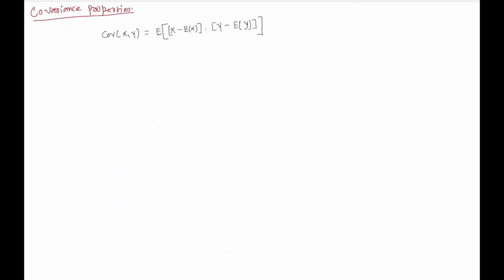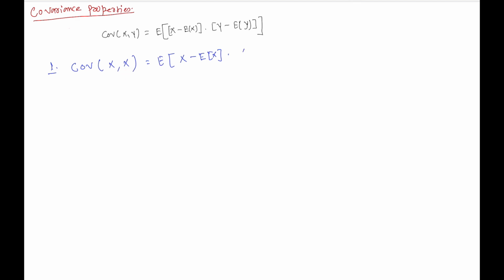Let's look at a few properties of covariance. Let's look at the very first property. What if I ask you the covariance of the random variable x with itself? You can easily find what it will be. It will be the expectation of the deviation of x from its mean times the other random variable, which is again x.